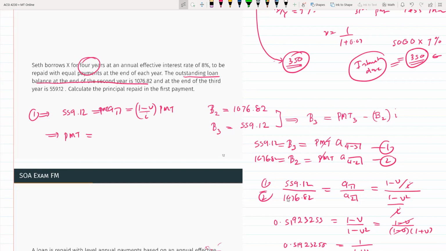So let's try to get the answer. 1 minus v is 0.92 divided by i, which is 0.08.